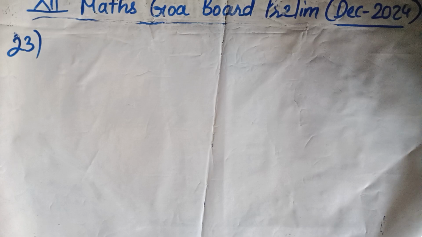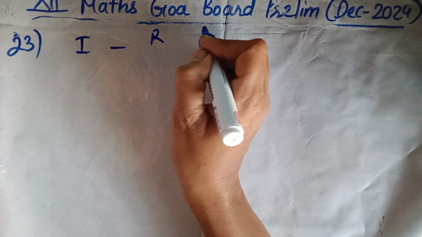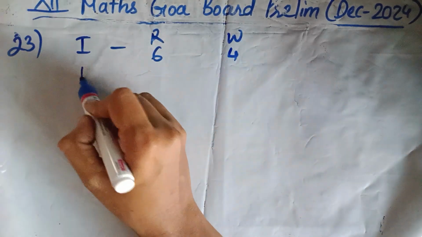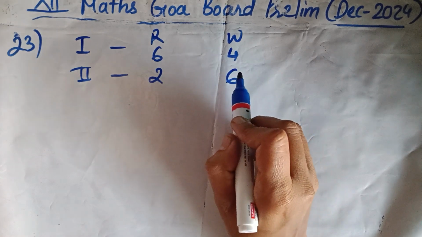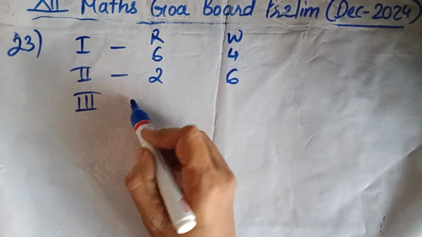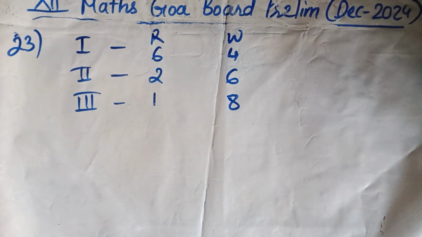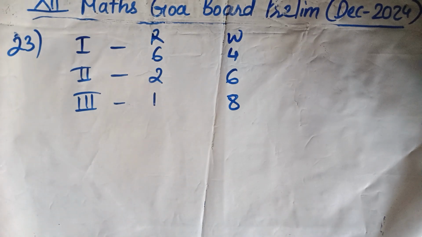Urn 2 contains 2 red and 6 white balls. Urn 3 contains 1 red and 8 white balls. An urn is chosen at random and a ball is drawn from that urn. The ball drawn is red. Find the probability that the ball is neither from urn 1 nor from urn 2.